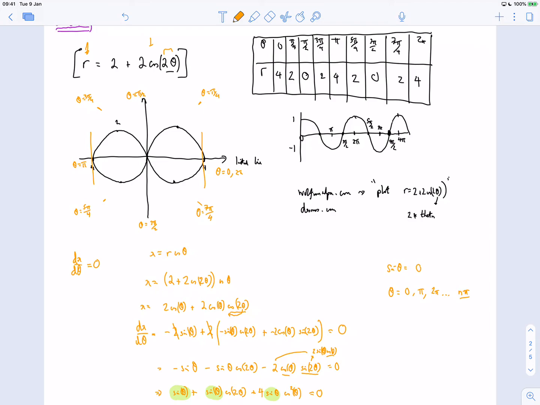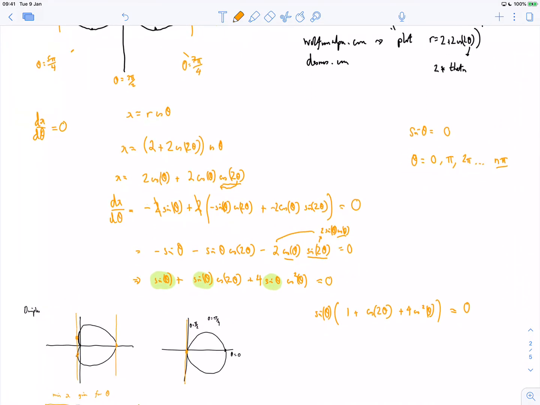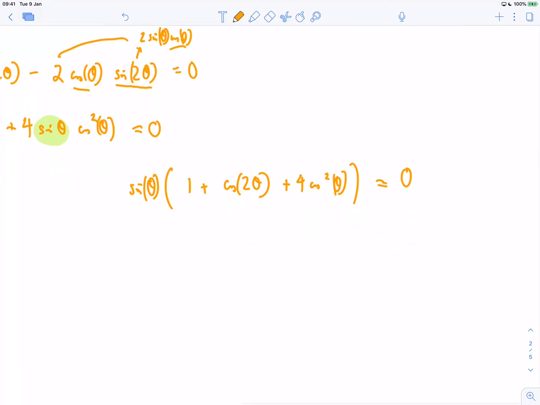Well, when theta is 0, we're here, aren't we? Remember, theta's 0, and when theta's pi, we're over here. And when theta's 2 pi, we're back over here. And when theta's n pi, we're over here. And so on and so on. And it keeps bouncing between the two left and right points. So indeed, actually, that sine theta equals 0 has solved it. But we still have to consider this thing.